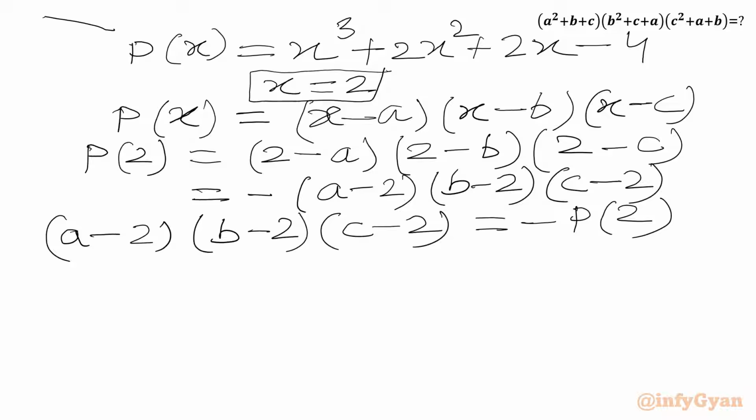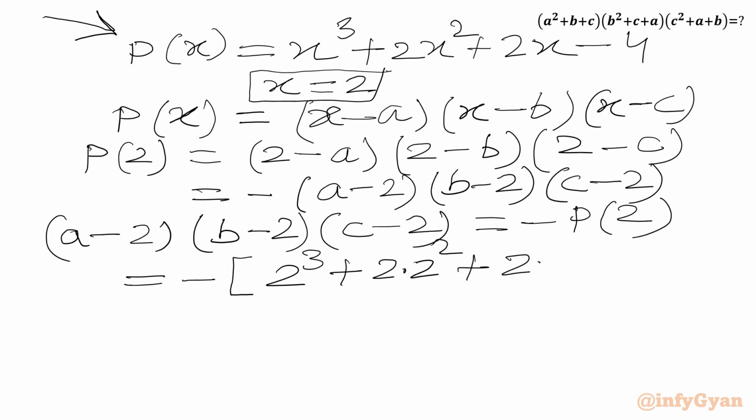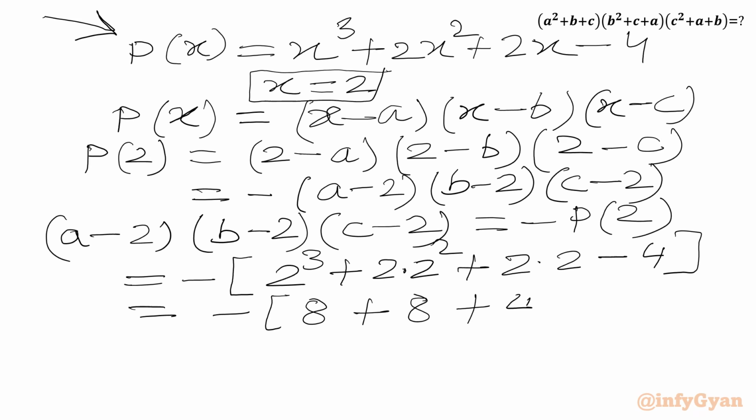And P of x is available here. So we can write the value will be equal to minus of 2 cube plus 2 times 2 square plus 2 times 2 minus 4. This is P of 2, which will be equal to minus of 2 cube is 8, plus 2 times 4 is 8, plus 2 times 2 is 4, minus 4.